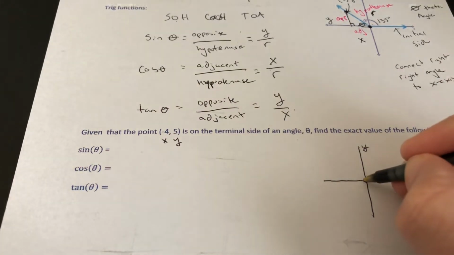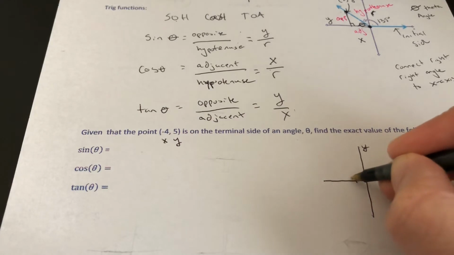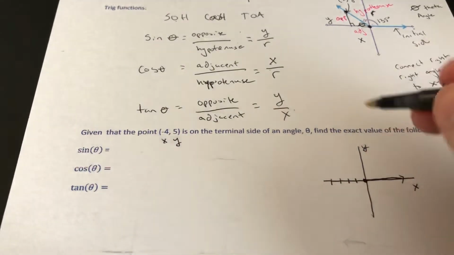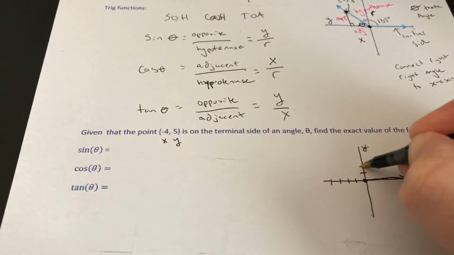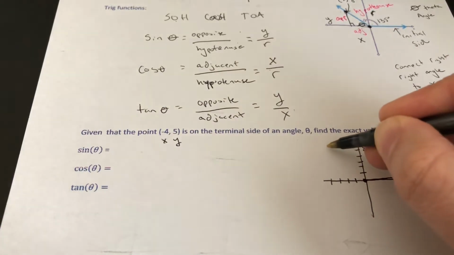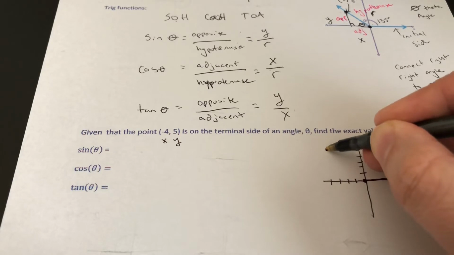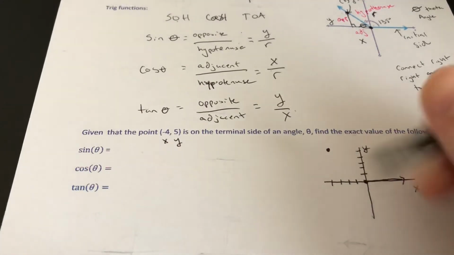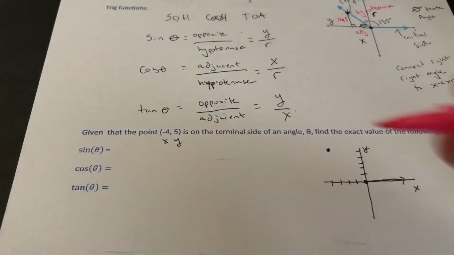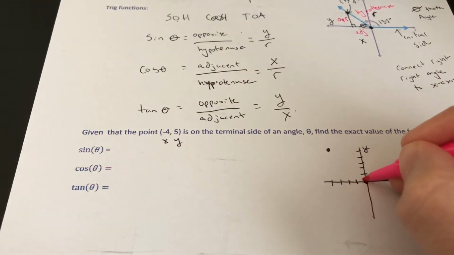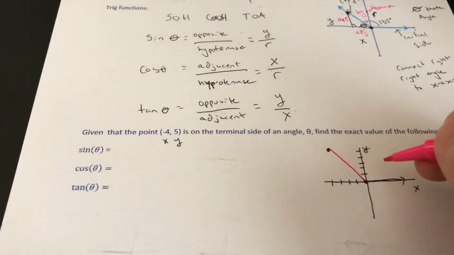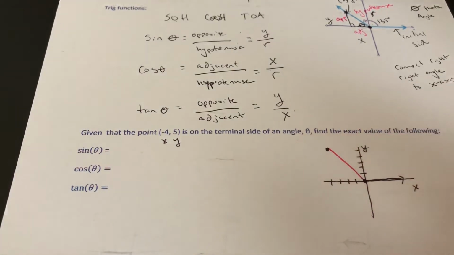If I go -4 in the x direction, -1, -2, -3, -4, it doesn't need to be perfect, and I go 5 in the y direction, 2, 3, 4, 5, that means my rotational point on the terminal side is right there. I'll draw this in my beautiful pink pen here. This tells me that this is my terminal side right here. That's my hypotenuse. That's my r value.